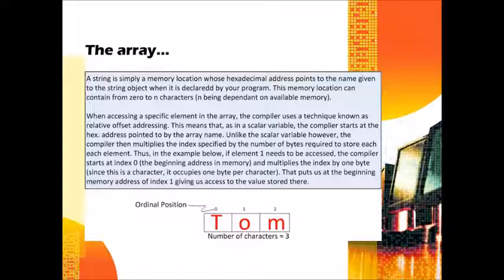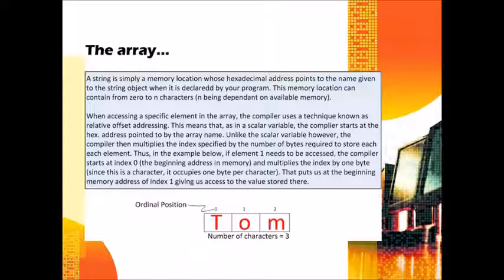So, in the example below, if element 1 needs to be accessed, the compiler starts at index 0, the beginning address of memory, because that's what the array name points to. So it has to start right here. That's the beginning hexadecimal address of those contiguous memory locations. And then it multiplies the index, which in this case would be 1. We want to go to index 1 right here to get at element 2.